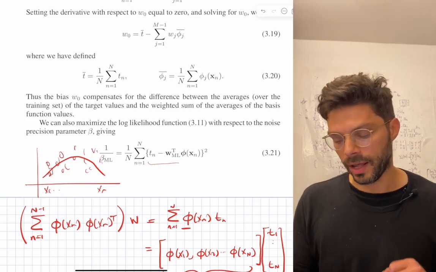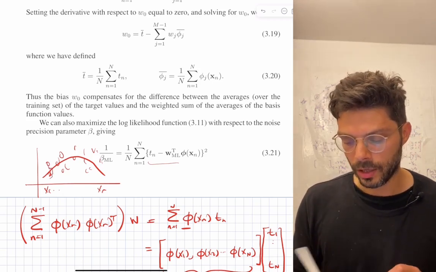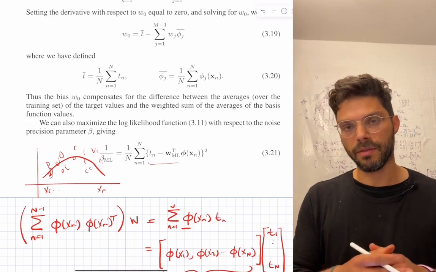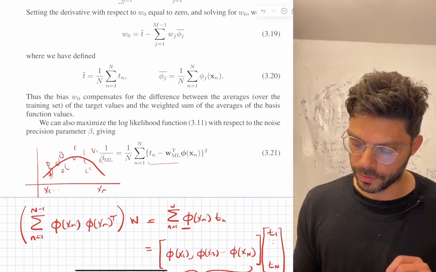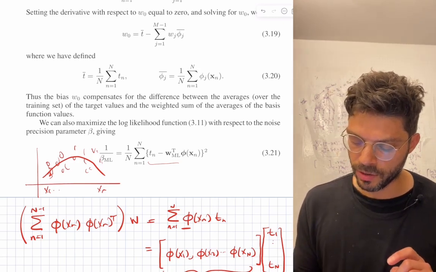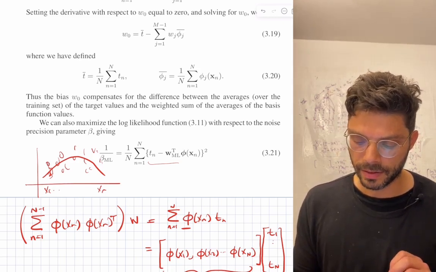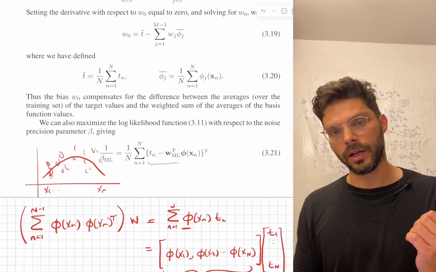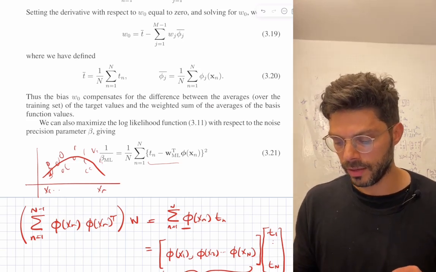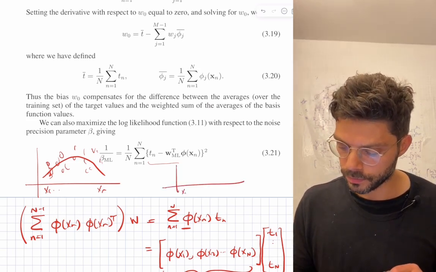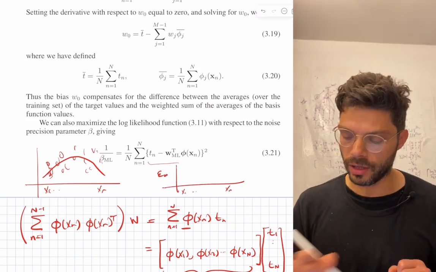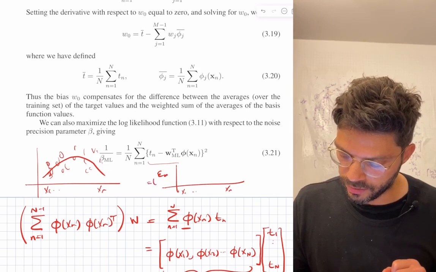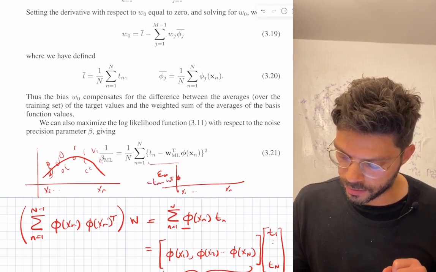And so now the error that you get at each point, when you add up the variance, I don't know what's the best way of explaining this. So now if you subtract the targets, you can look at each one of your data points and plot this residual at each data point, which is t of n minus the prediction.